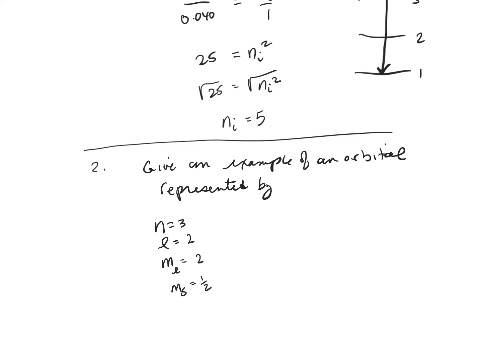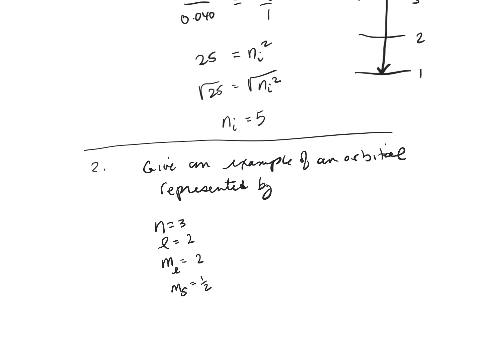So these are the 4 quantum numbers. N is the principal quantum number, L is the azimuthal quantum number, M subscript L is the magnetic quantum number, and M subscript S is the spin quantum number. So you need 4 to completely describe an electron occupying an orbital. And the information here tells you what the orbital is that's being occupied.